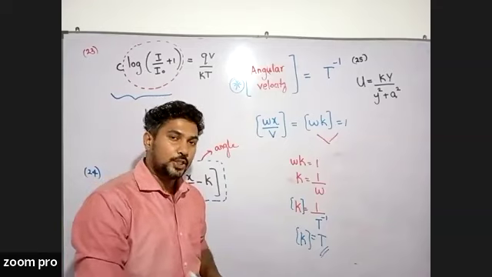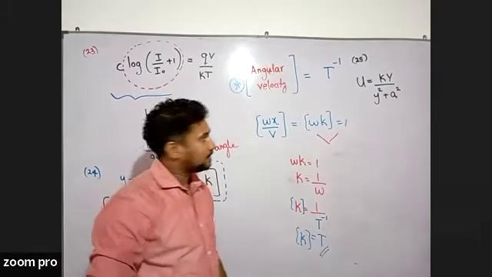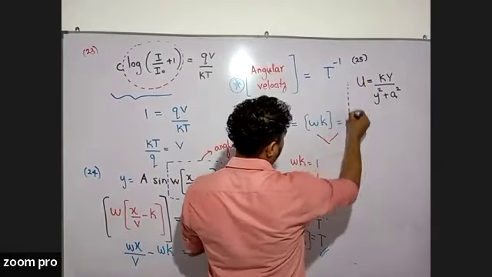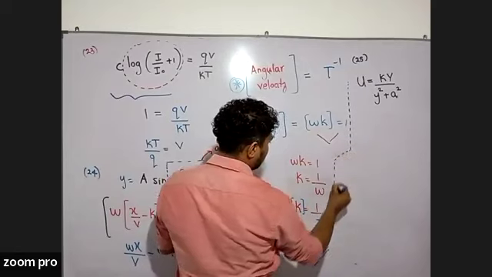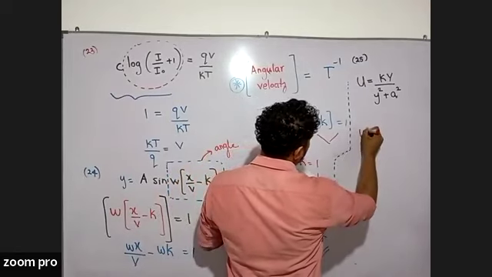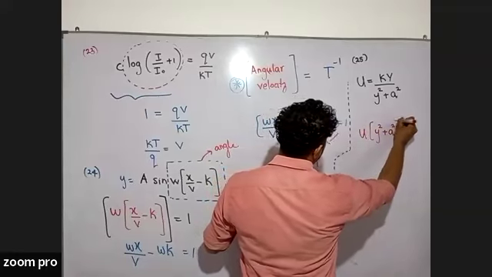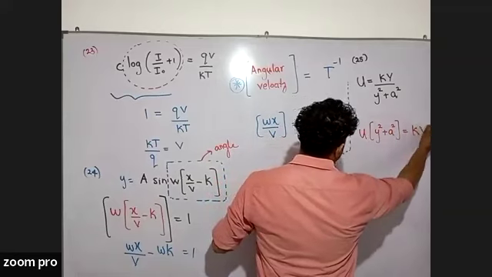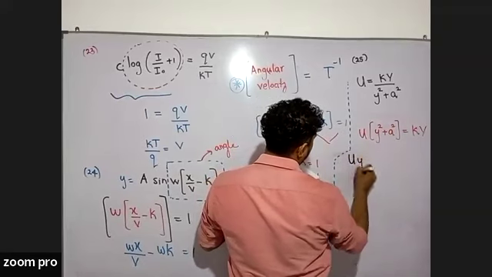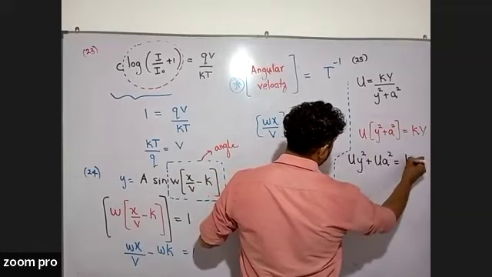What is the method that we need to use to expand this equation? Just follow the cross multiplication, right? If I consider the cross multiplication, then I can obtain that U into y squared plus a squared equals ky. Then uy squared plus ua squared equals ky.